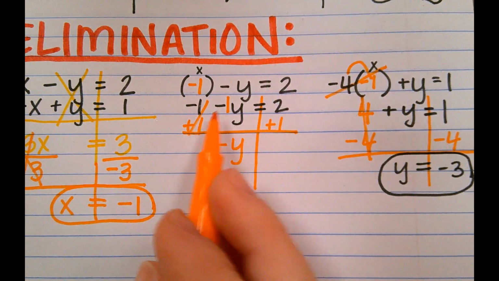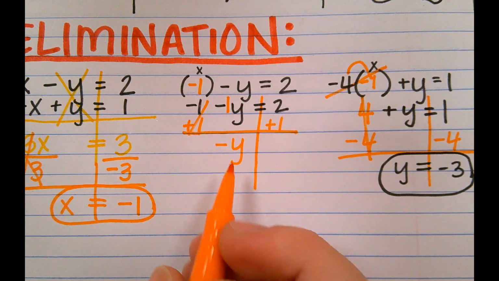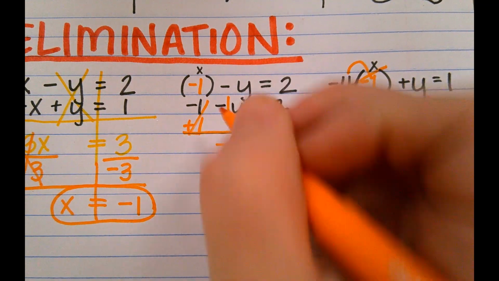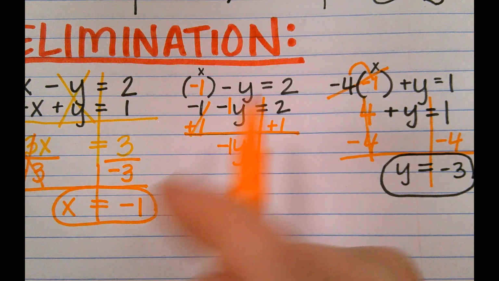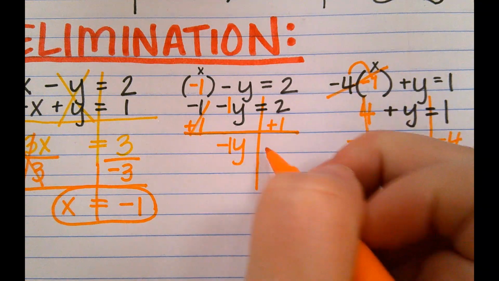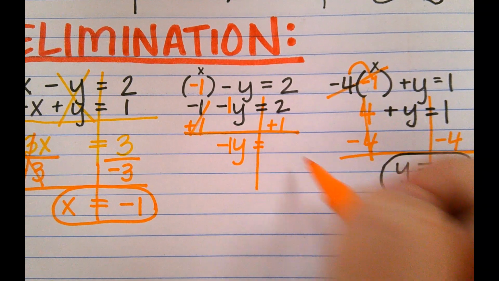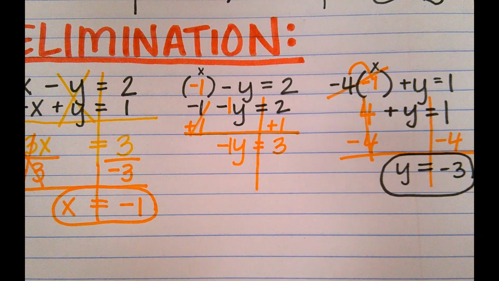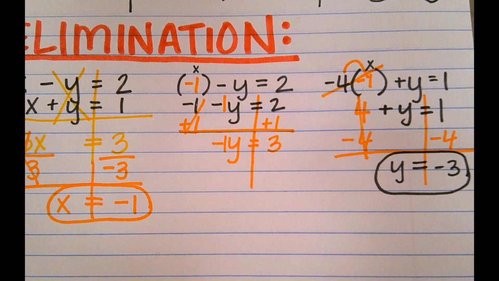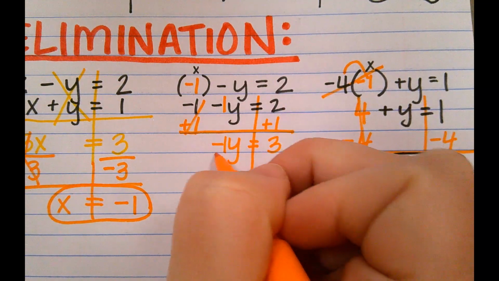So really it's -1y. So this is -1y or -y. I'll put a 1 there. I'll bring down my equal sign. 2 plus 1 is 3.